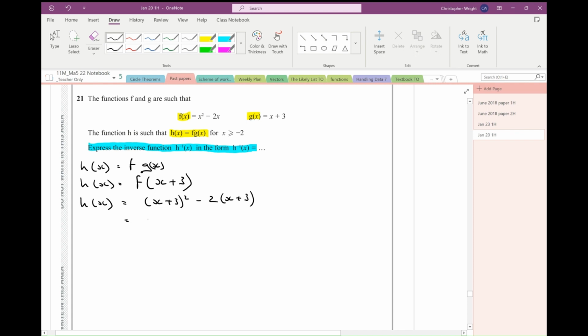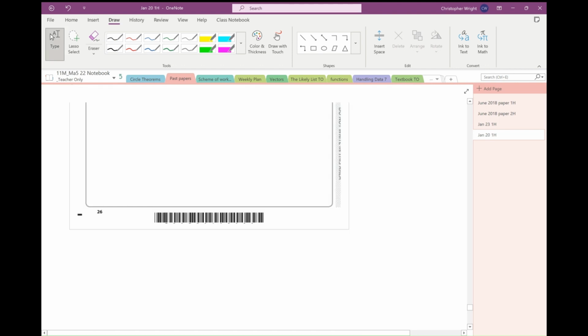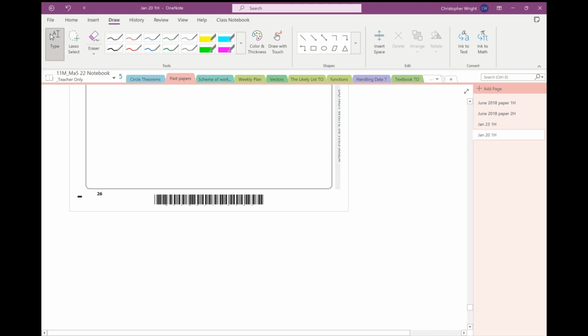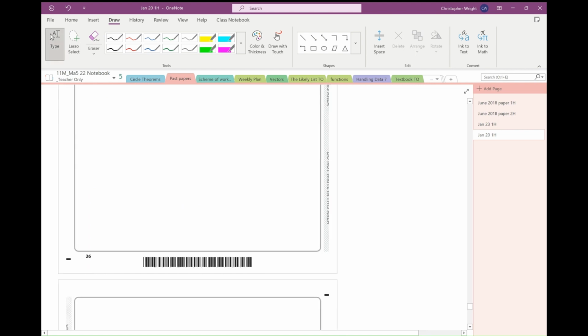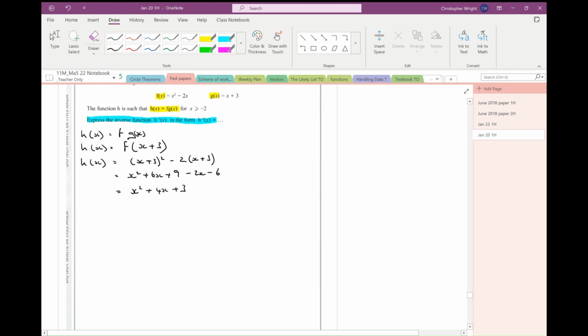x plus 3 squared is x squared plus 6x plus 9 minus 2x minus 6. So h of x simplifies to x squared plus 4x plus 3. Okay. Now we need to find the inverse function.